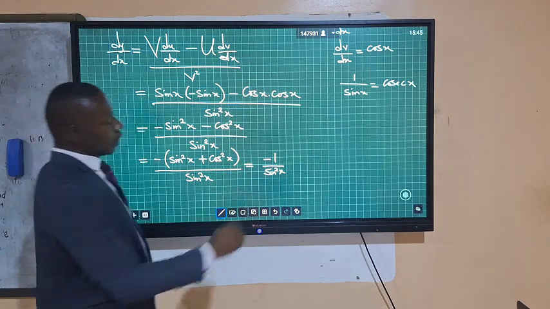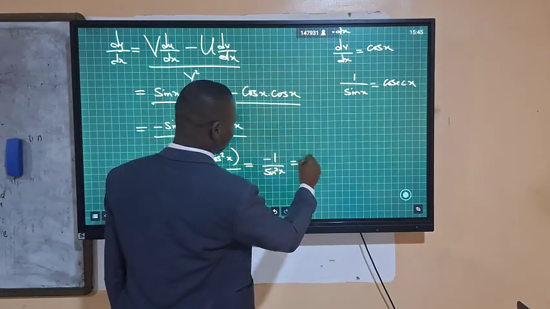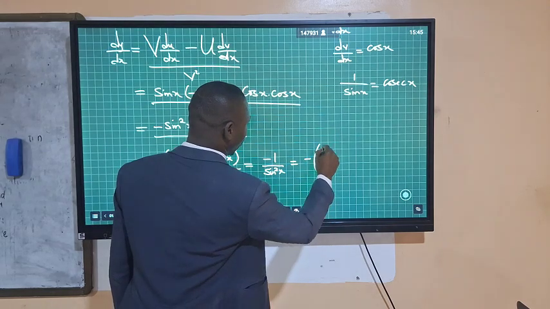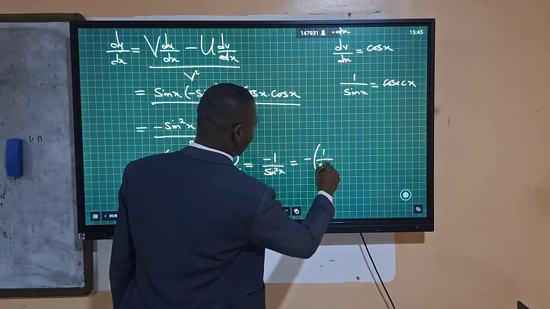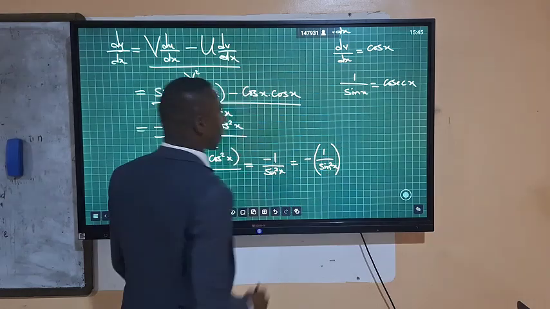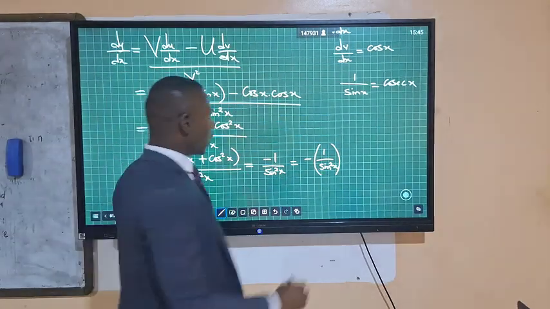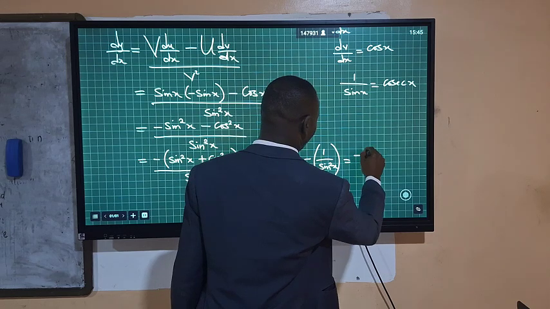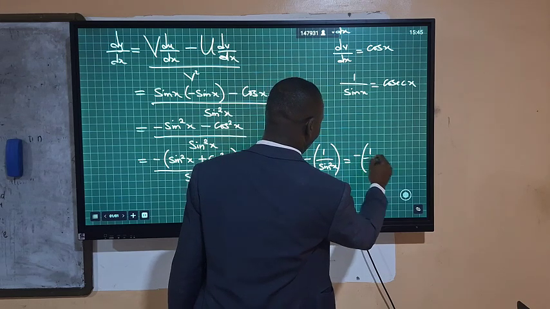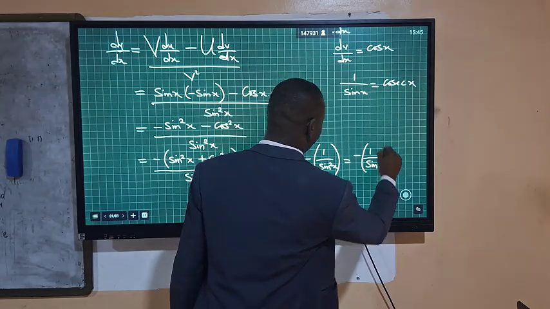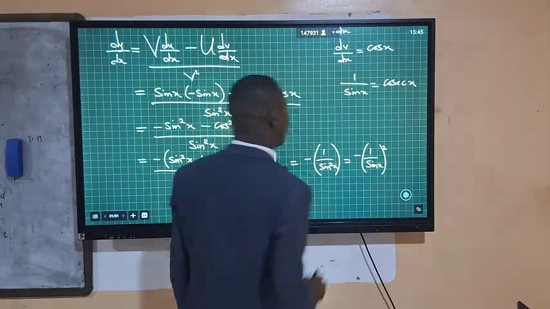So this is the same thing as writing minus 1 outside, 1 over sine square x. Okay? You can still go further to write it as minus into bracket 1 over sine x all squared.